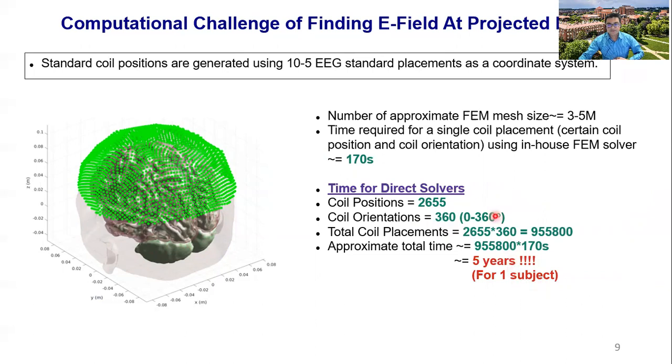So even if you do parallel computing, it will cost you time, money, and resources. And if you have a population database with so many subjects like the one we have developed, it's not possible. Hence, we need to find a way to predict the electric field for all of these coil placements by using some faster methods.